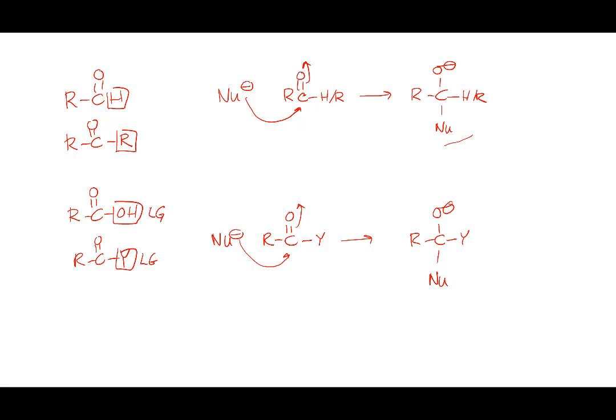Okay, everybody with us so far? So we want to reform the carbonyl. The only group that could leave is the nucleophile if it's a leaving group. I wouldn't even say good leaving group.